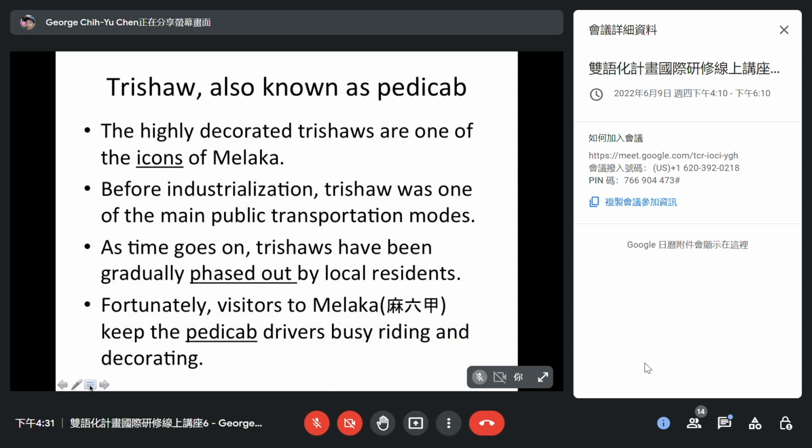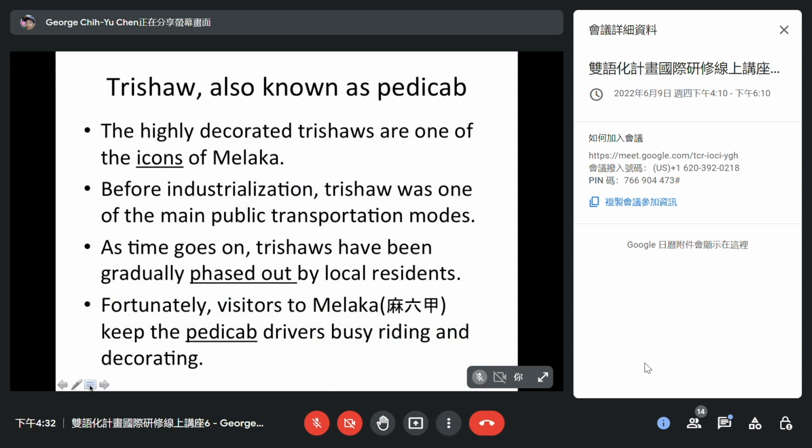And before industrialization, 工业化，所以工业化之前呢 tree shaw was one of the main public transportation modes. Mode means 模式. So public transportation, 公共交通模式. Because back in the old days, buses and taxis were not very common.